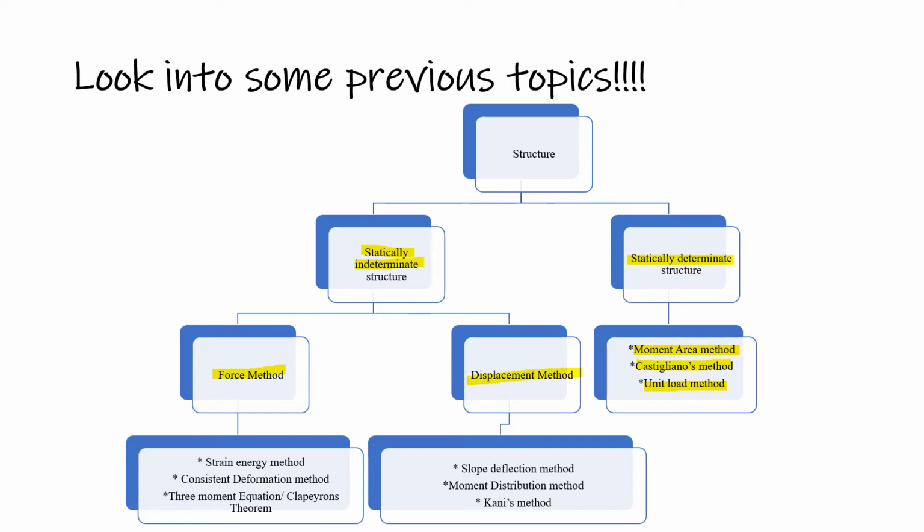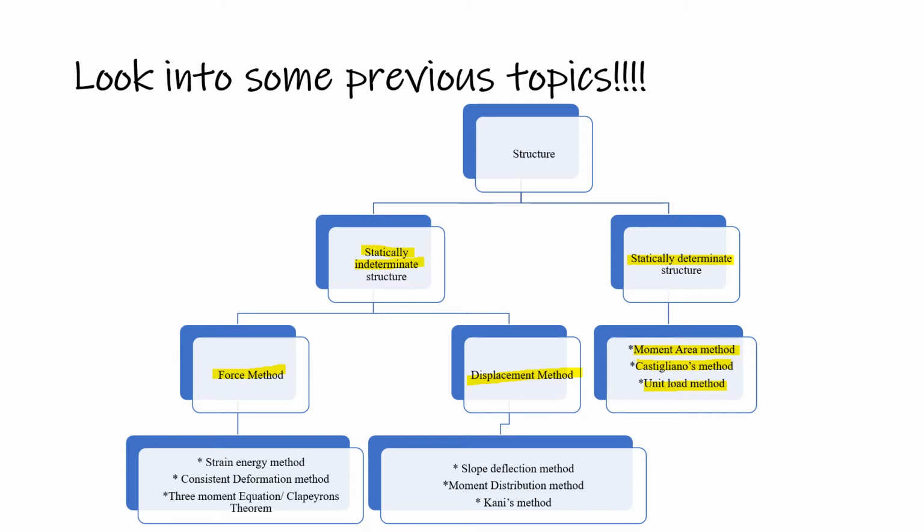In the force method, the unknowns are reactions and moments. And in the displacement method, the unknowns are independent joint displacements, that is delta or theta.